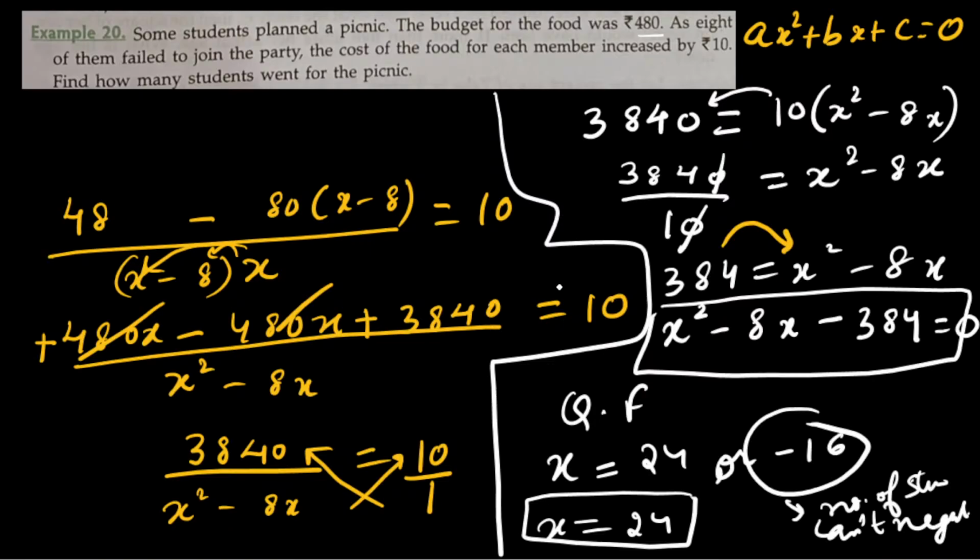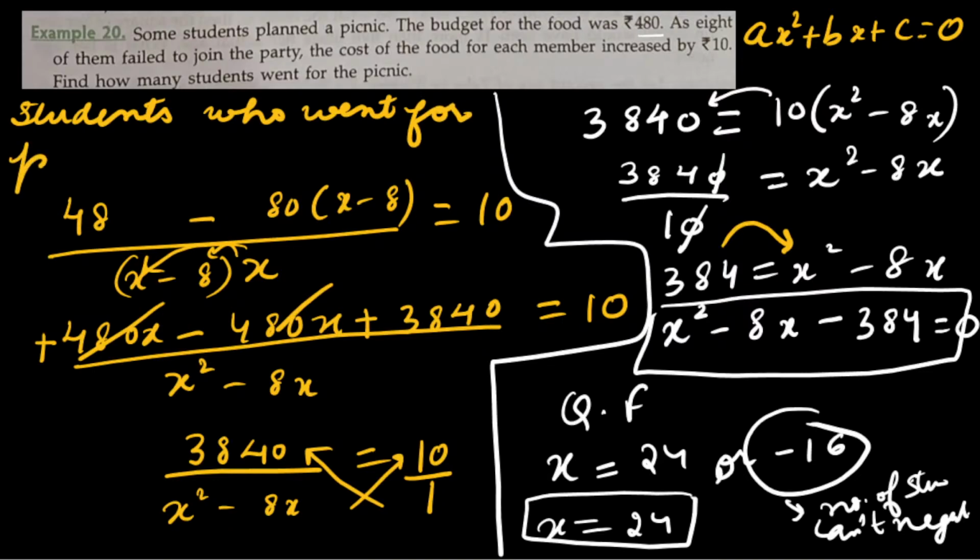The total number of students was 24. The students who went for the picnic are x minus 8, because 8 of them failed to join. So 24 minus 8 is equal to 16.